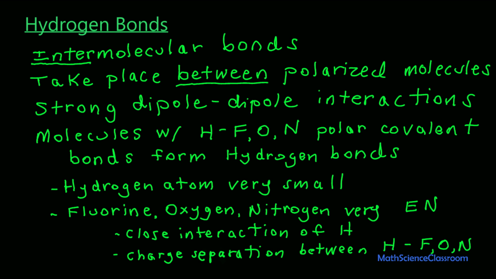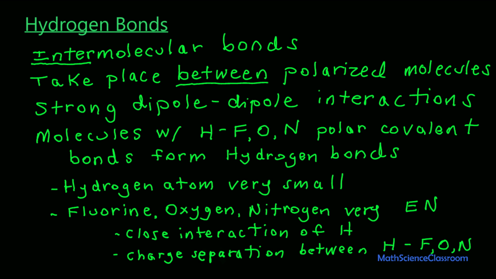And the reason that the bonds are polar covalent is because the hydrogen atom is very small. It can actually get very close to the opposing molecule. And as we just said, fluorine, oxygen, and nitrogen are very electronegative.